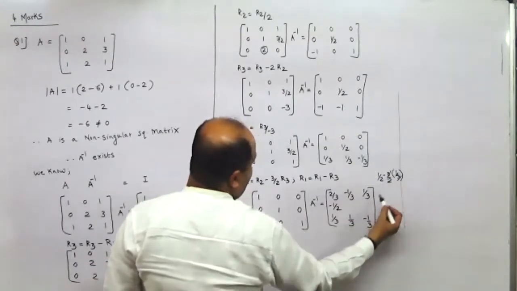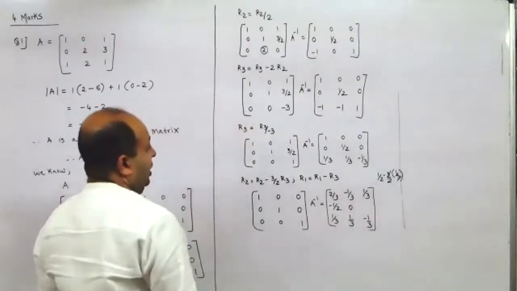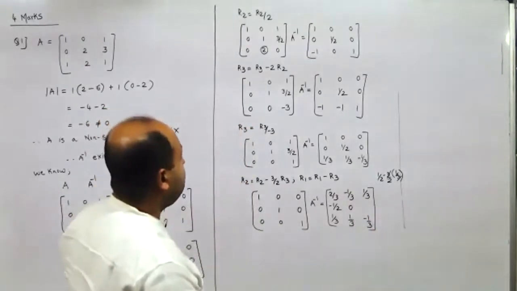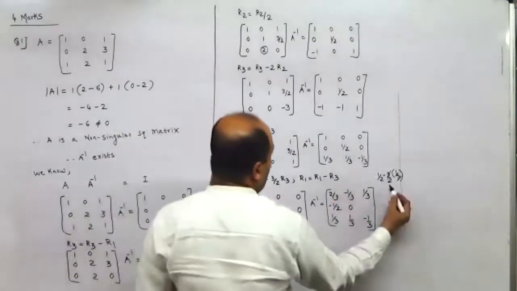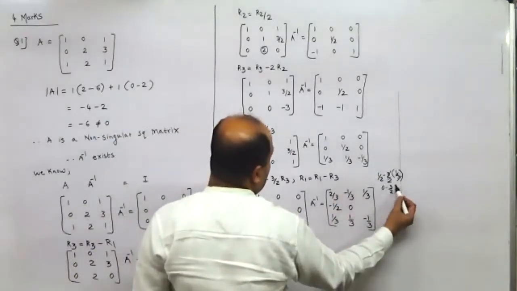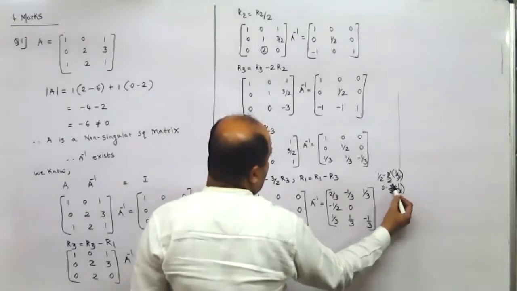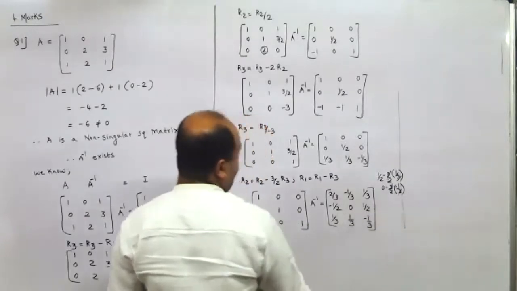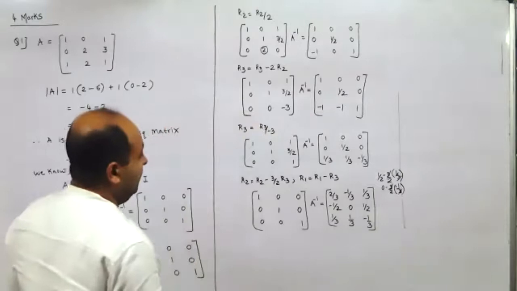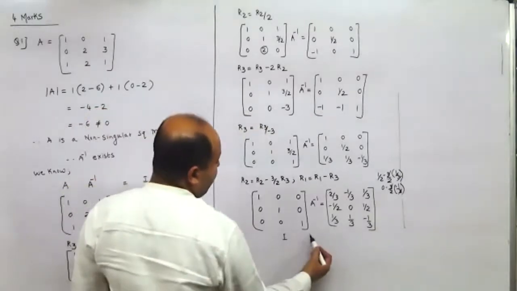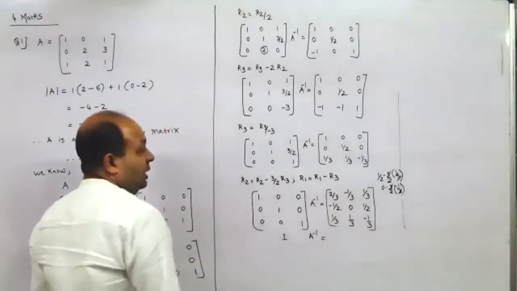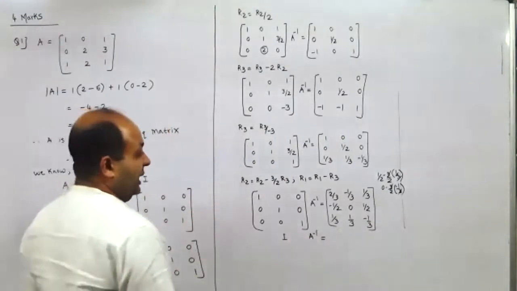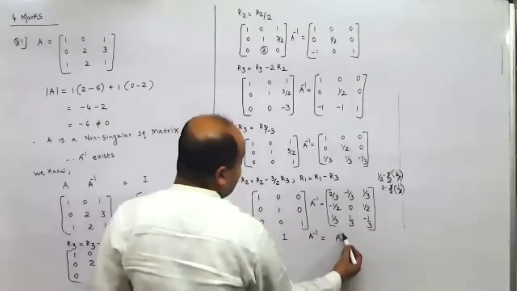This and this gets cancelled, it is 0. Then 0 minus 3 by 2 times minus 1 by 3. So it is half. Now this is I, this is A inverse. So I into A inverse would be A inverse. So this is A inverse.